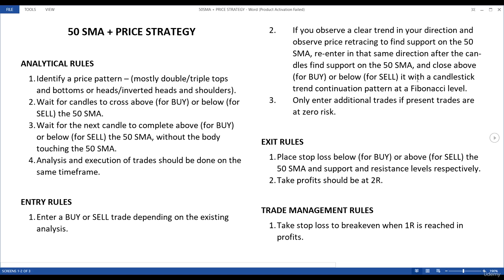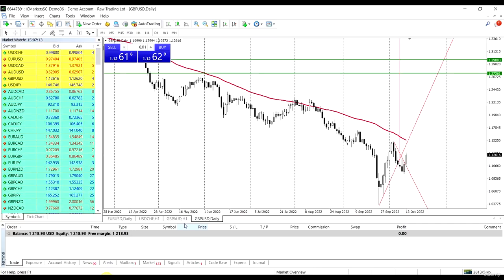Okay, and then if below or above it with a candlestick trend continuation pattern. Okay, so if we want to re-enter, we have to look for a candlestick trend continuation pattern and also use the Fibonacci level. Okay, so this is more of a 50 simple moving average plus price pattern plus a kind of trend following strategy, right?